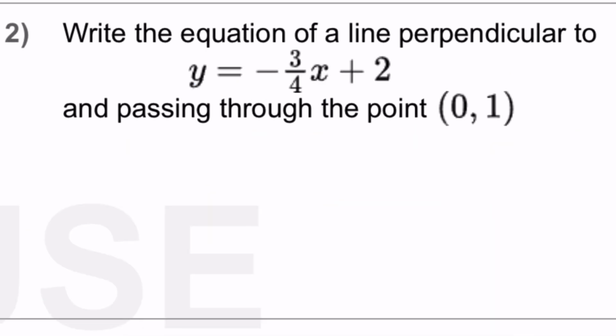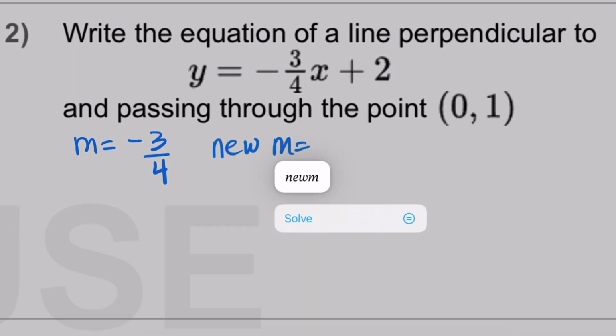For question 2, write the equation of a line perpendicular to y equals negative 3/4 x plus 2 and passes through the point 0, 1. So my current slope is negative 3 over 4. And my new slope has to be opposite, which is positive, and the reciprocal, which is 4 over 3.